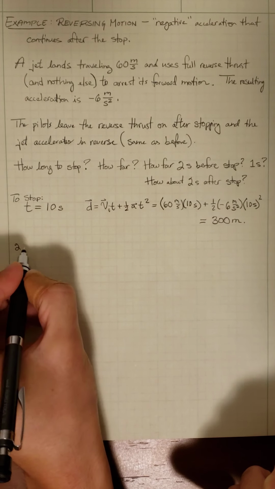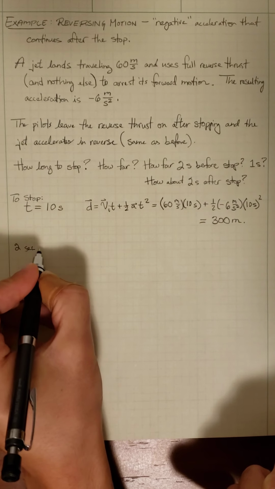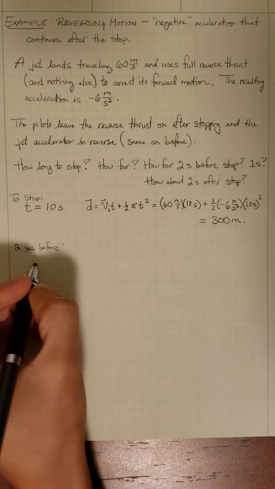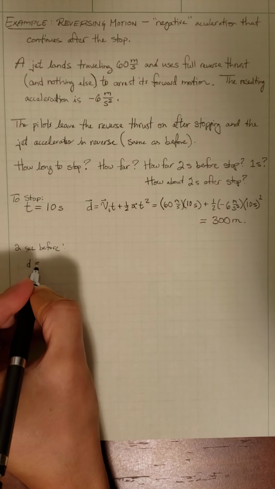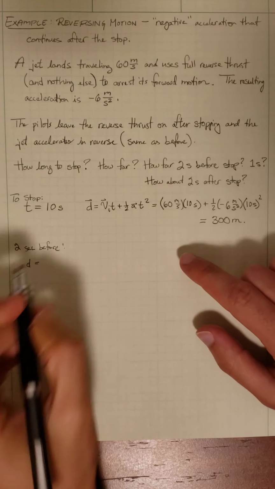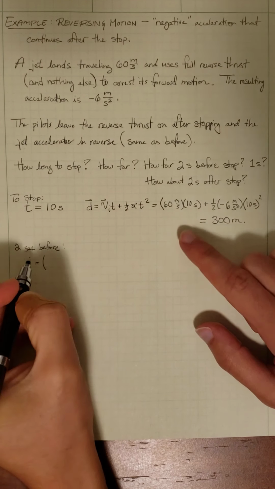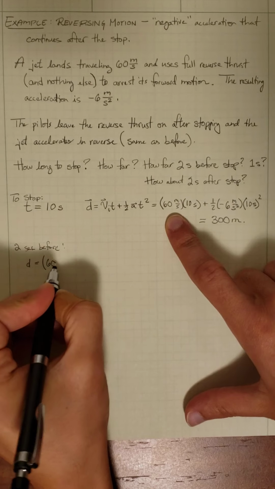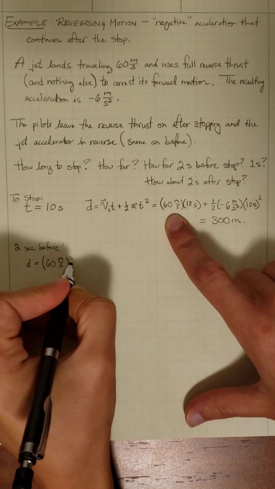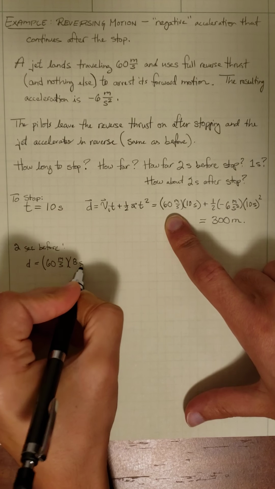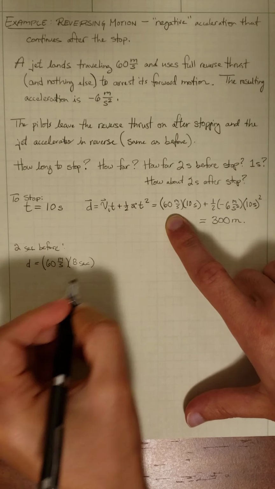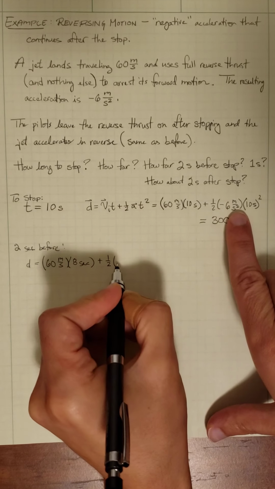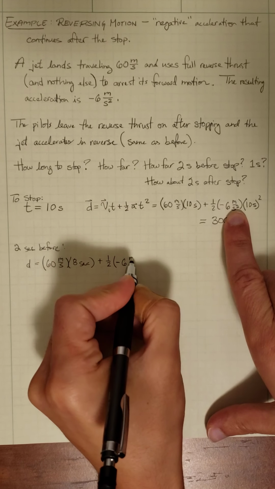So 2 seconds before, we're going to have D equals, now we have all the same numbers, but we have 60 meters per second. Now we have 8 seconds plus 1/2. Acceleration is the same.